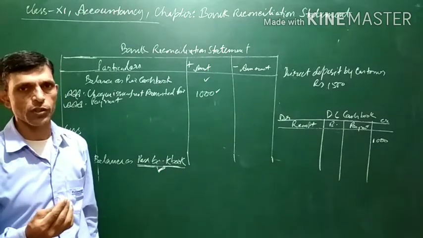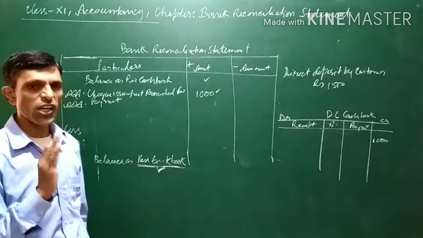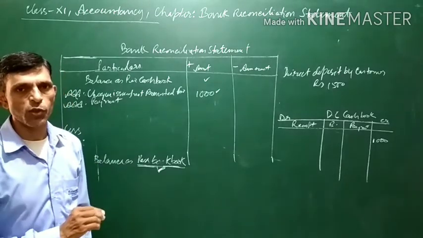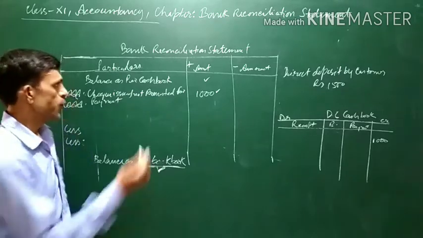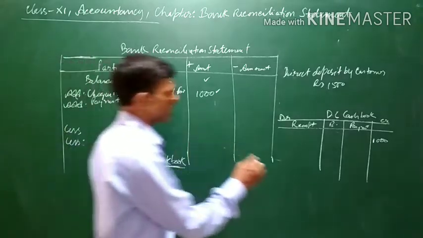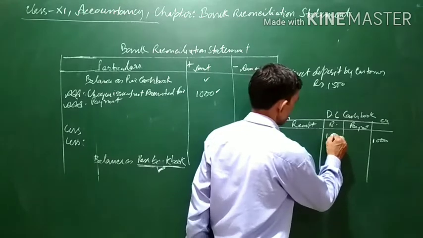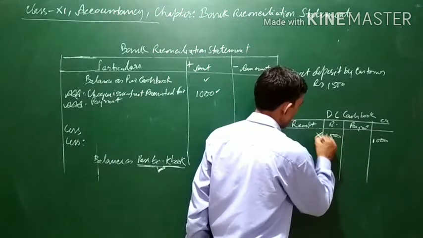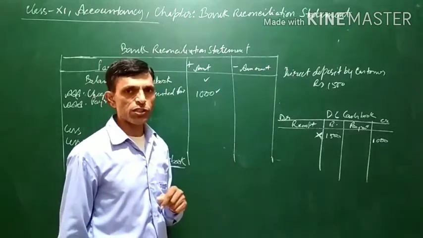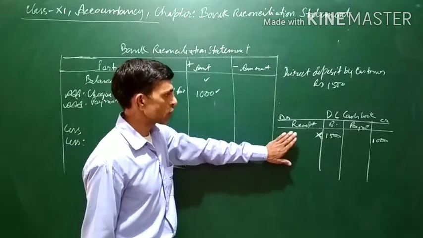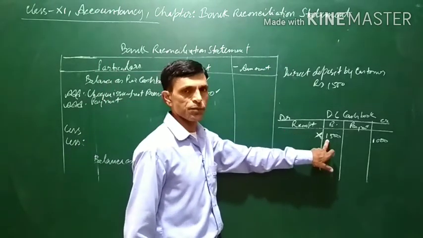Since we do not know that the person has directly deposited 1500 in our bank account, we will not make an entry in our cash book. There will be no receipt. 1500 will not be reflecting in our account because the person has directly deposited in the account. So on the receipt side of the cash book there will be no entry.